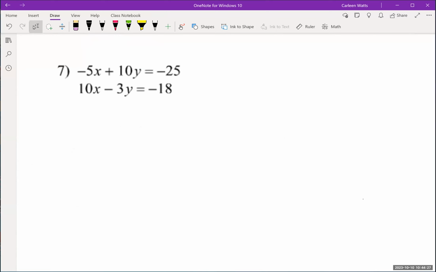Okay, we're going to use the elimination method, or add down. So step 1, pick a variable. Pick a variable that would be easy to make match and cancel.